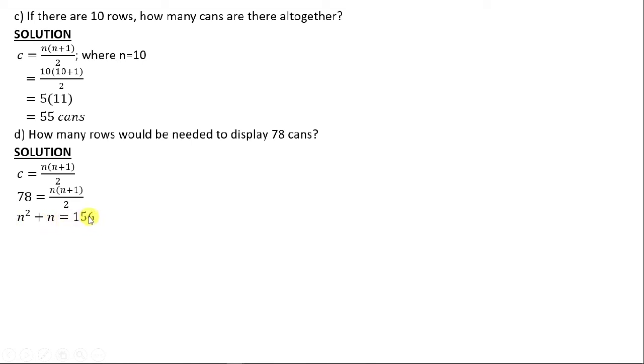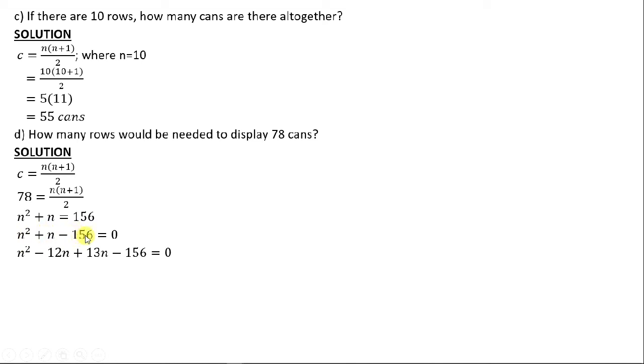From here, we are going to get n squared plus n is equals to 156. Transpose, take this 156 to the left, it will become a negative. So when you take it to the left, it will become a negative, and you find that you are going to get a quadratic expression. Our quadratic expression is n squared plus n minus 156 is equals to 0. Our a is the coefficient of n squared. Our b is the coefficient of n.